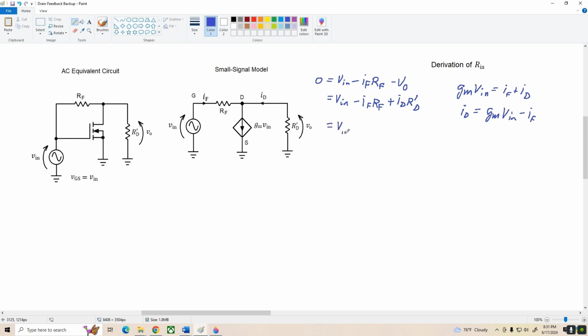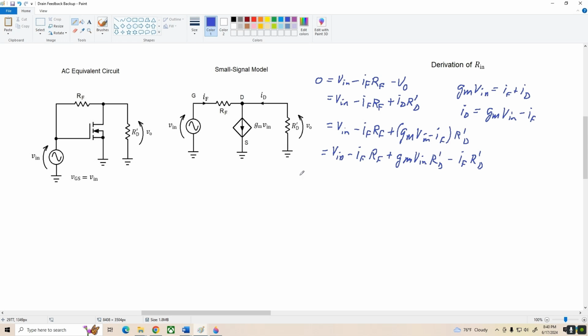So we've got 0 equals V in minus I sub F times RF plus I sub D, which is gm V in minus IF, times R prime D. Now we're going to distribute R prime D through here: V in minus I sub F R sub F plus gm times V in times R prime D minus I sub F times R prime D. Now let's solve this equation for I sub F. Let's move all the terms that don't have I sub F over to the left-hand side.